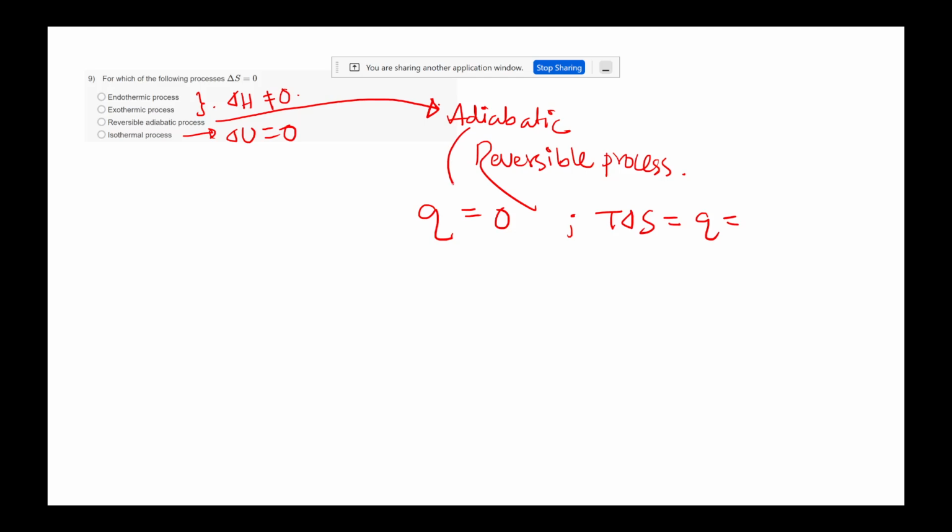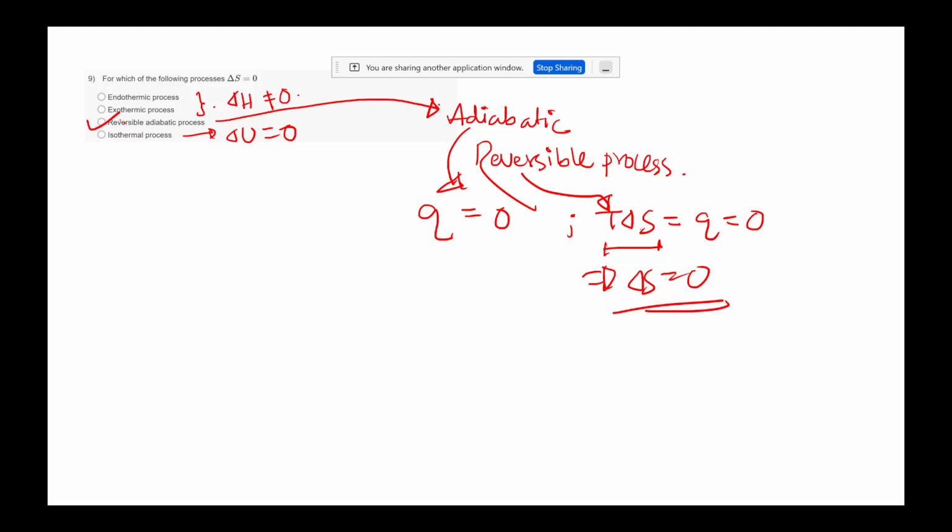So adiabatic means this and reversible means this, because we can then write a path function in terms of an intensive variable and a state function, and from here we can write delta S equal to 0. So option C is the correct answer.